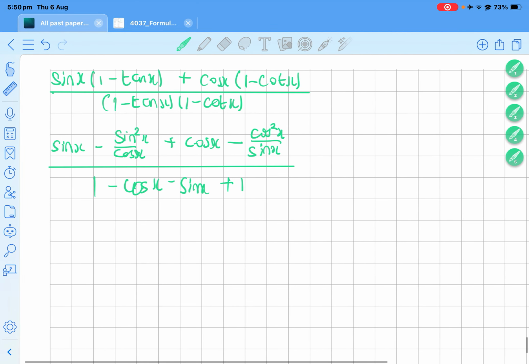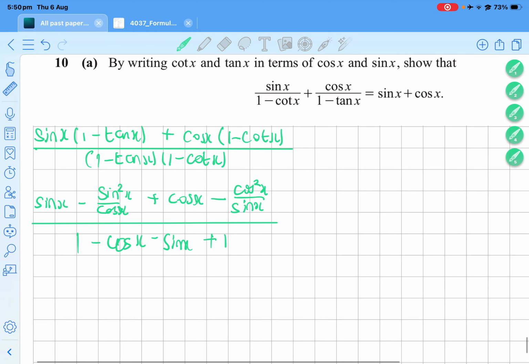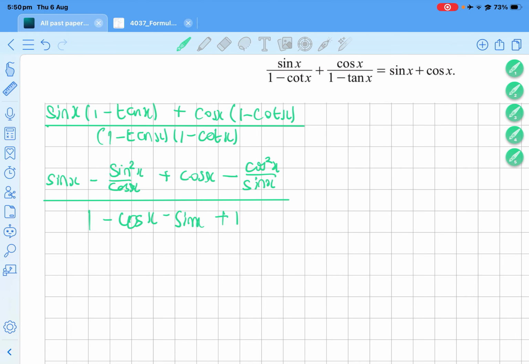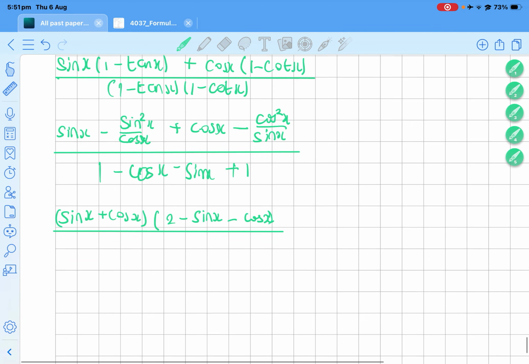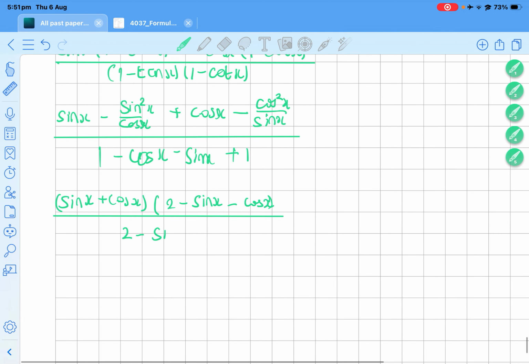So basically these two can pair up so greatly that we could write these two as sin x plus cos x on one side, and then on the other side we could have 2 minus sin x minus cos x, and the whole thing is divided by this 2 minus sin x minus cos x.